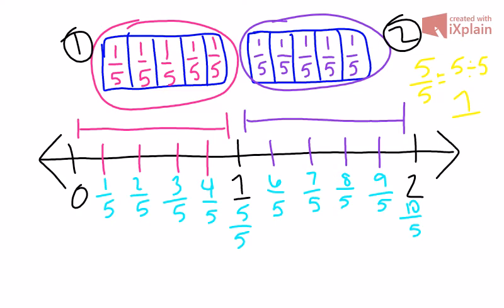All right, so let's say that I wanted to represent a number on the number line. And I'm going to shade in. Let's say that I wanted to find the number 6/5.